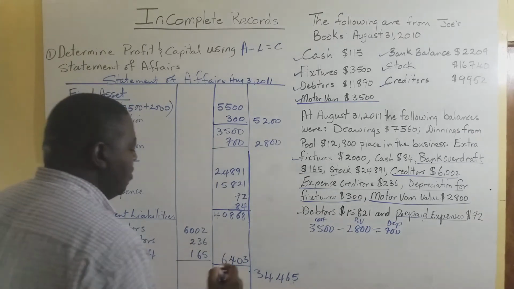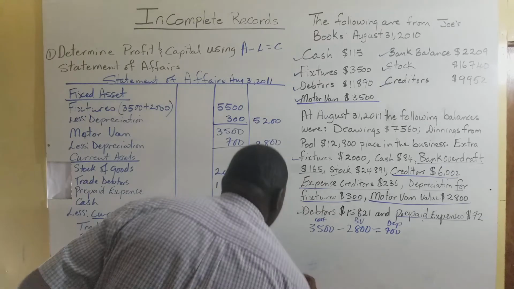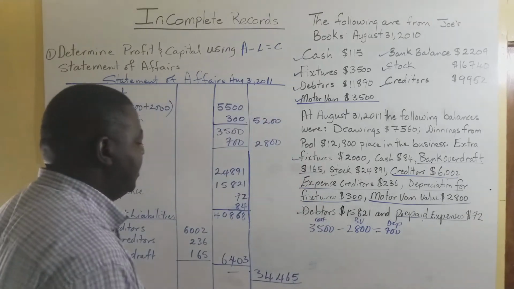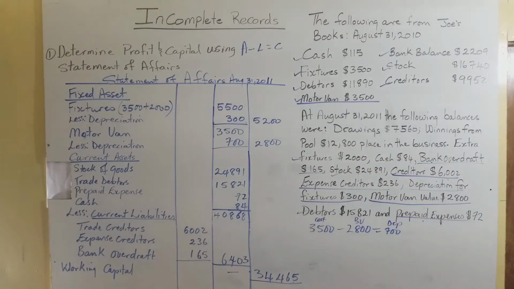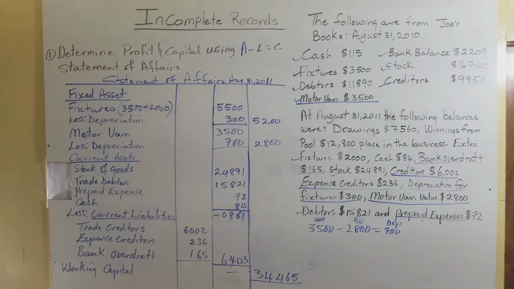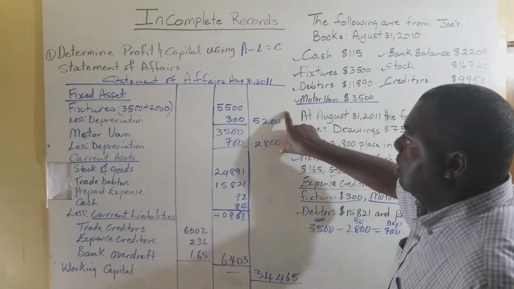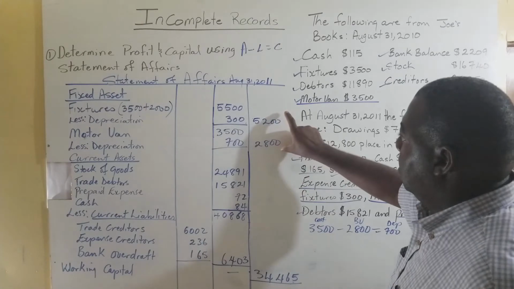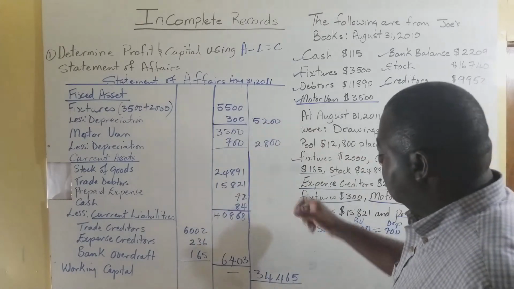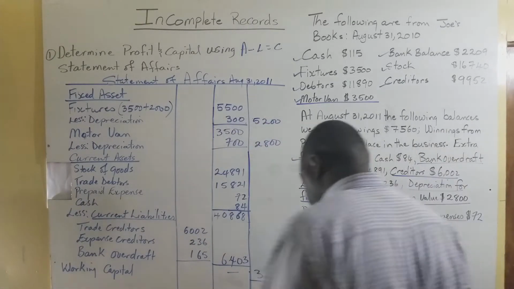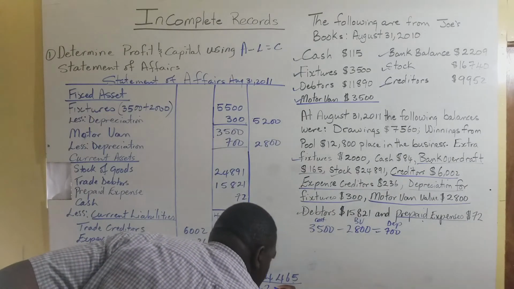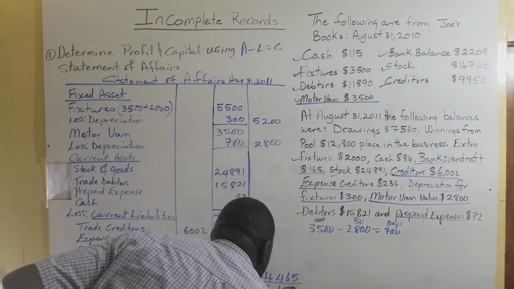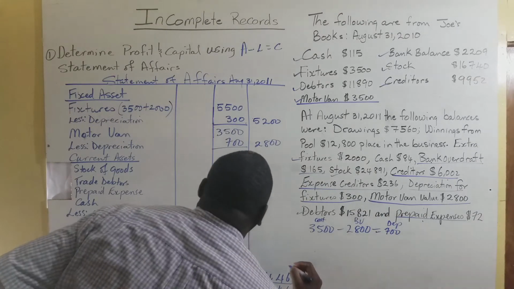All right, our next move is to add the working capital with the total of the asset, and that is going to give us our net worth, our net asset. So when we add the total fixed asset with the working capital, we're getting 42,465.